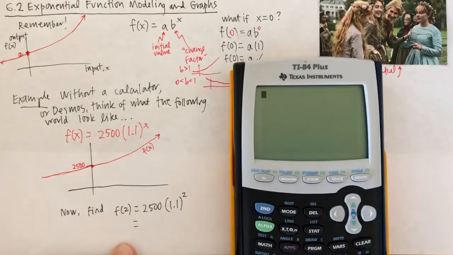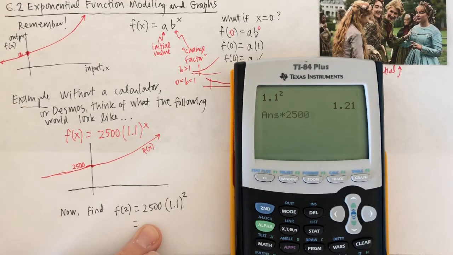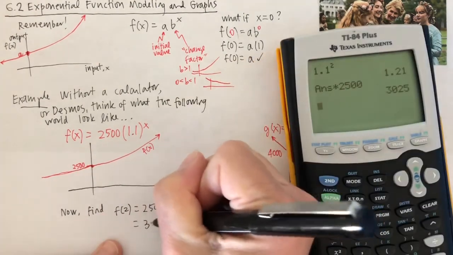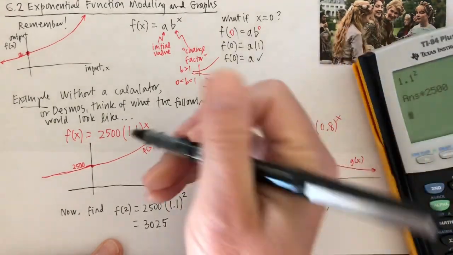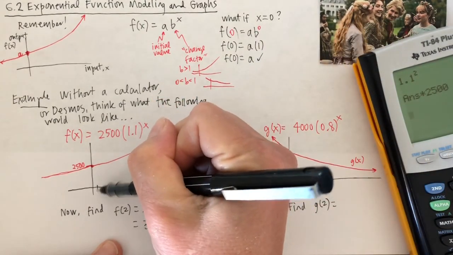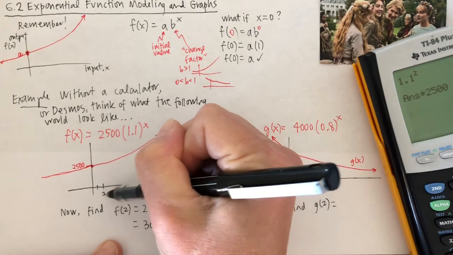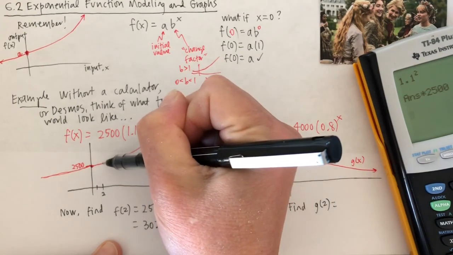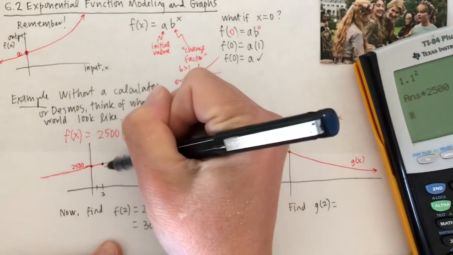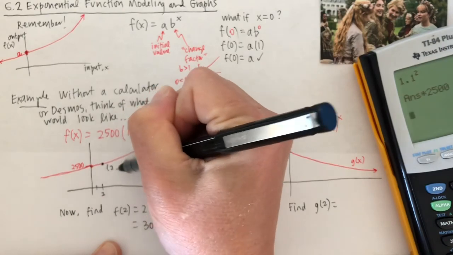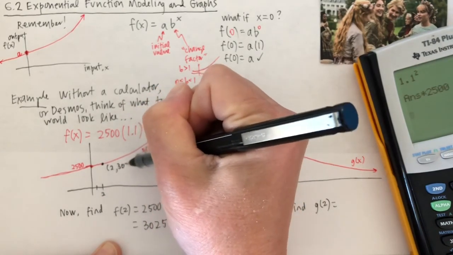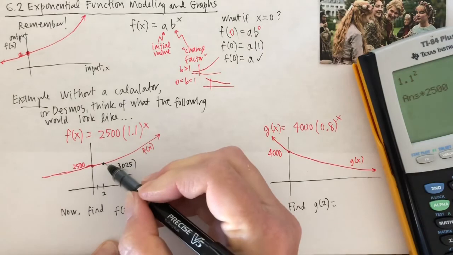And this part I do need a calculator. 1.1 squared times 2,500 gives us 3,025. So when our input value is 2, the point on the graph is (2, 3025), and that makes sense because it has been climbing.